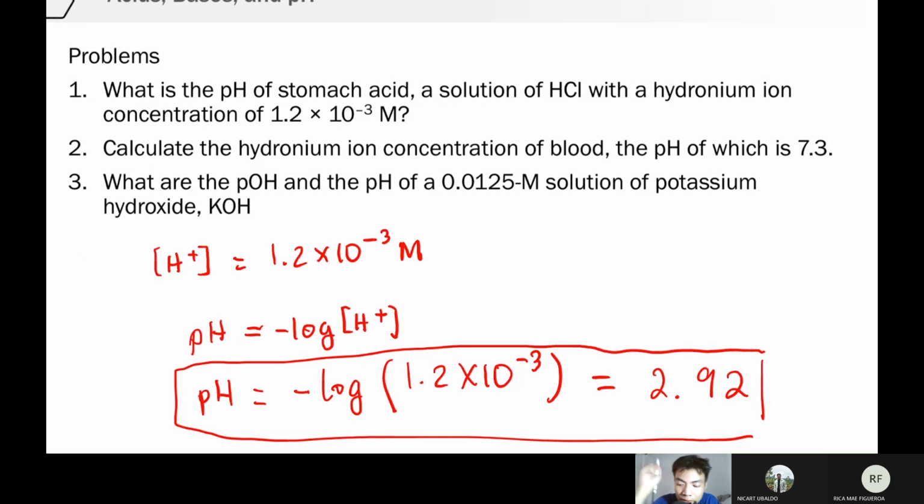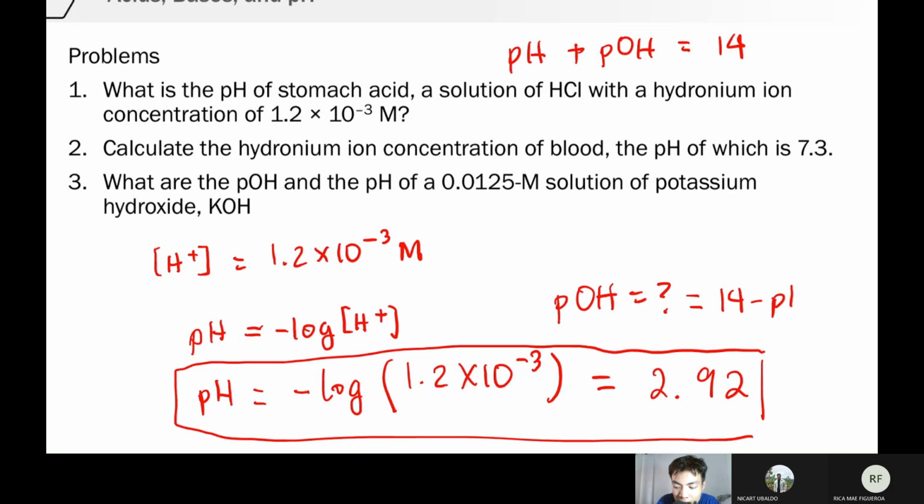Follow up ko lang dito sa number 1. What will be the pOH? Again, recall that pH and pOH is always equal to 14 at 25 degrees Celsius. So if you want to solve for pOH, that is just 14 minus the value of pH.